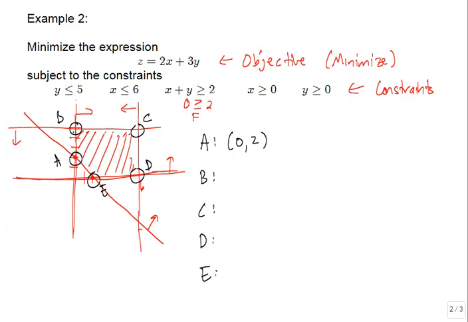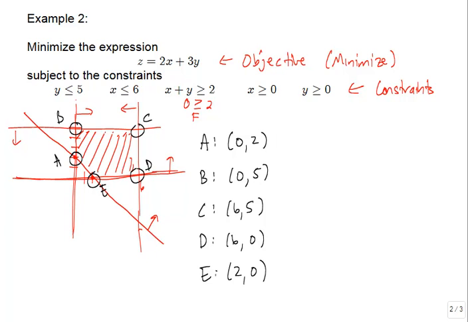Corner point B is also on the y-axis, so it has an x value of 0, but its y value is 5. Corner point C is when x is 6 and y is 5. Corner point D is when x is 6 but y is 0. And corner point E is the x-intercept of our line x plus y equals 2, so that has an x value of 2 and a y value of 0.